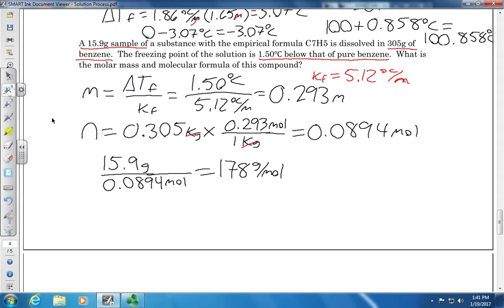Now we know what our molar mass is. That's the first thing we're asked for. We're also asked what the molecular formula of this compound is. So we need to look at how we can take molar mass and convert it into a molecular formula. Well, we have the empirical formula right up here.